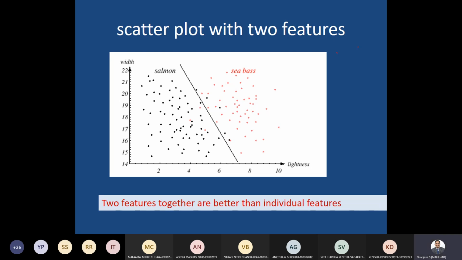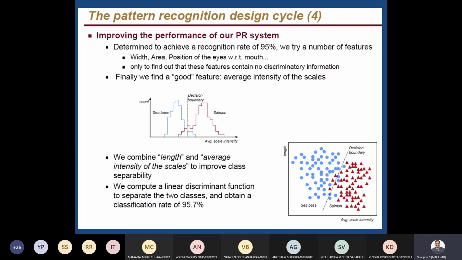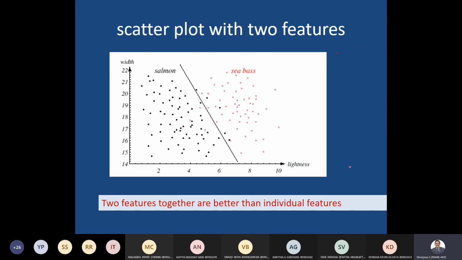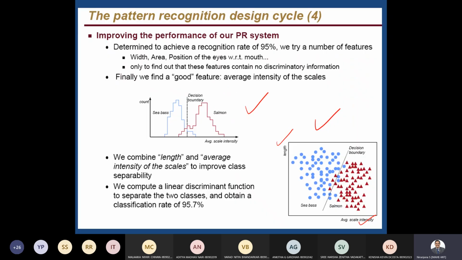But what you can observe is the performance they studied when they used histograms and scatter plots. With scatter plots, they measured average intensity and length, or lightness and width, trying multiple combinations, and they found it could reach around 95% in later stages after improving.